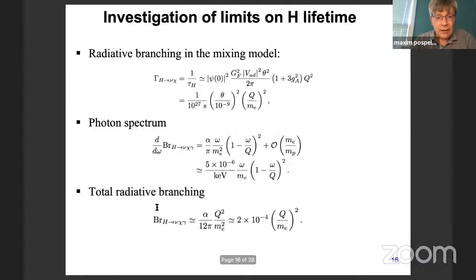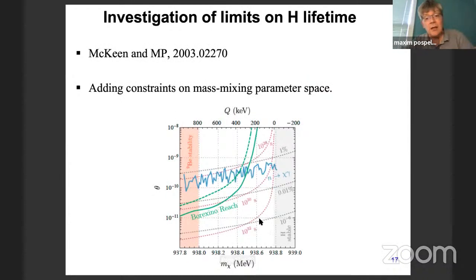So I'll just skip that. One can calculate, in a simple model, in terms of the mixing angle and the Q value of the transition, the spectra and the probabilities of transition, and using the Borexino data set very strong limits. So this is a plot with limits on this mixing parameter space, 10⁻¹⁰.